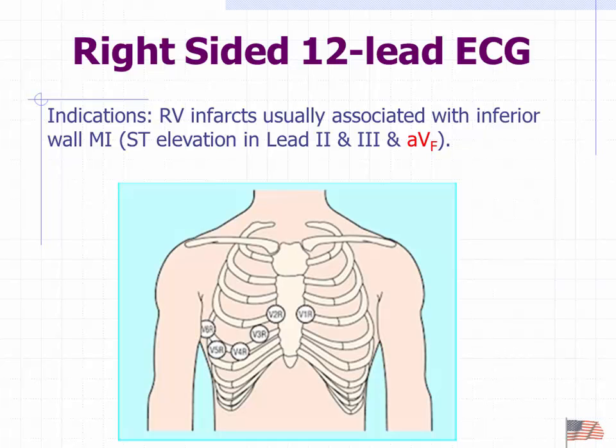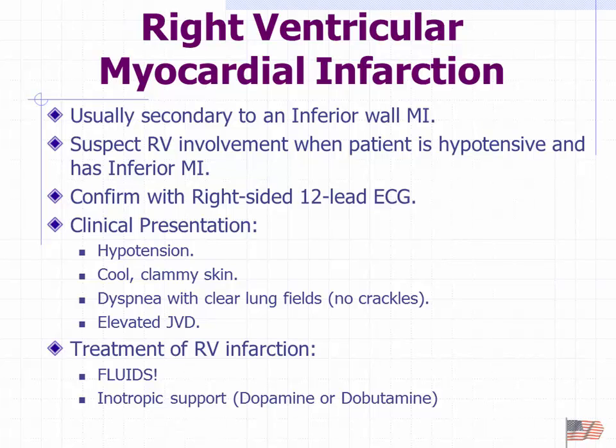So inferior wall MI, when we see those, we think, well, could it possibly be that there's a right ventricular infarction also there? Not just the left inferior wall, but also the right side. And we would verify that by hooking them up and doing an EKG where the chest leads are on the right side as opposed to on the left side. And the cardiologist from that can interpret it as such.